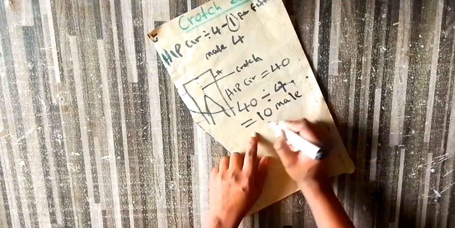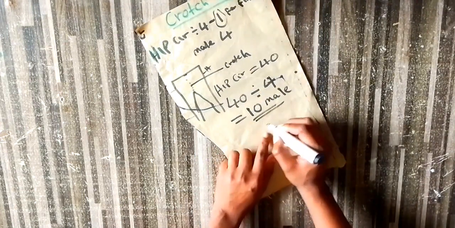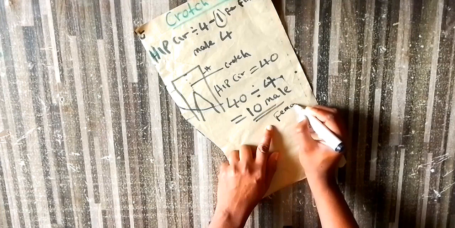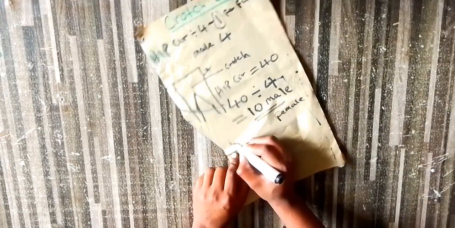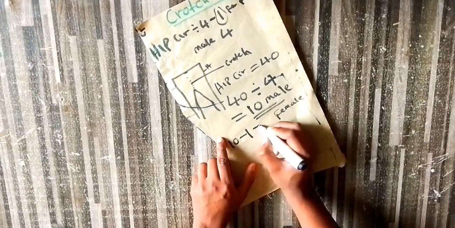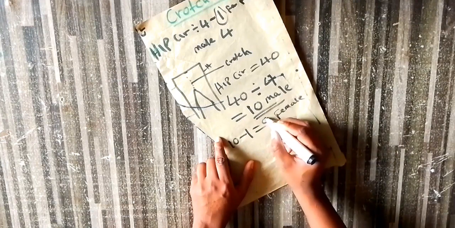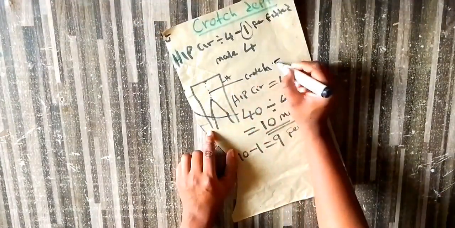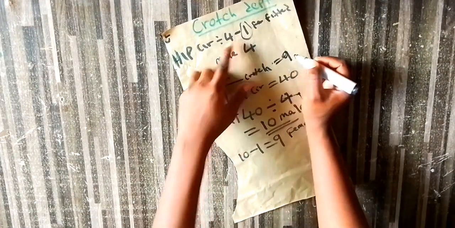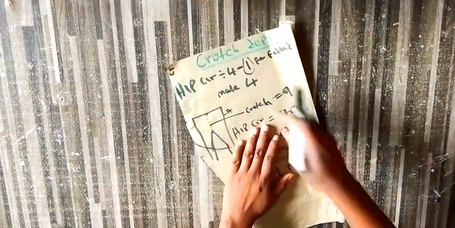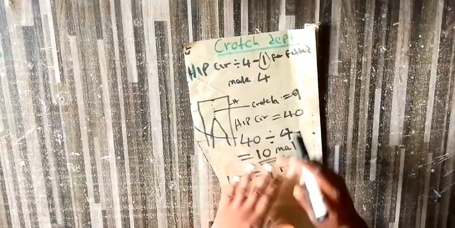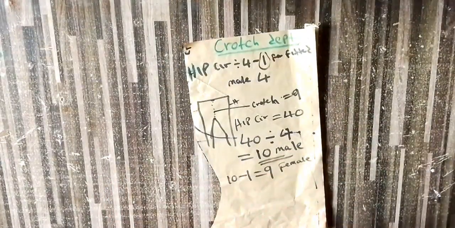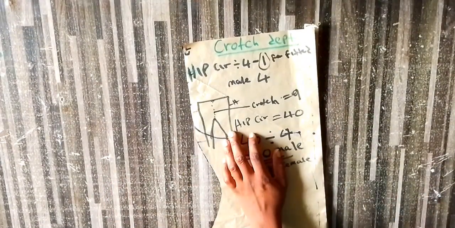You will not minus anything. You understand? But if you are making for a female and you want it fitted, you minus 1 from this 10 inches, and it will give you 9 inches. So the female crotch will be 9 inches. That's just it for crotch depth. It's not difficult at all. So that is all for our crotch depth.